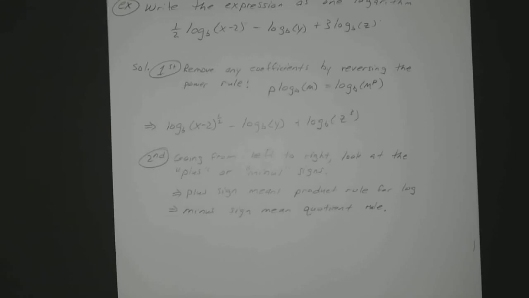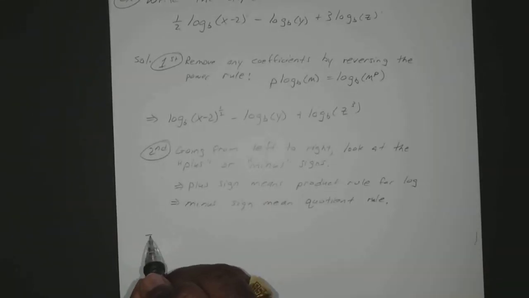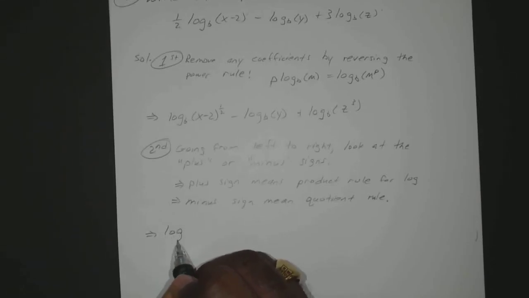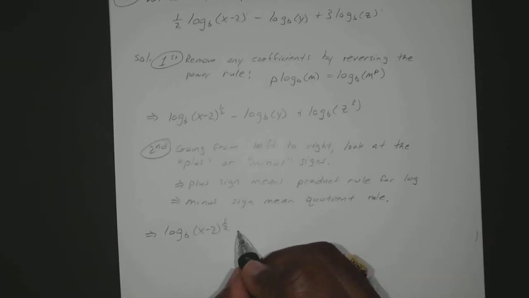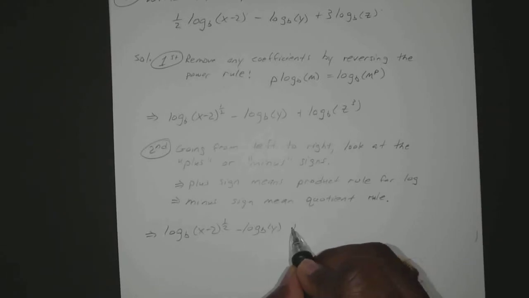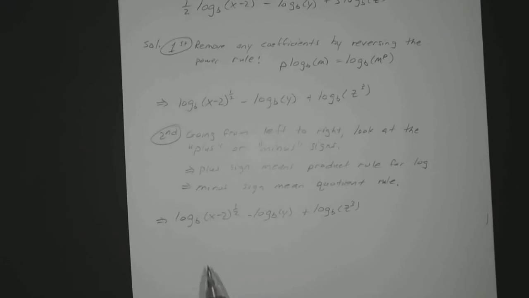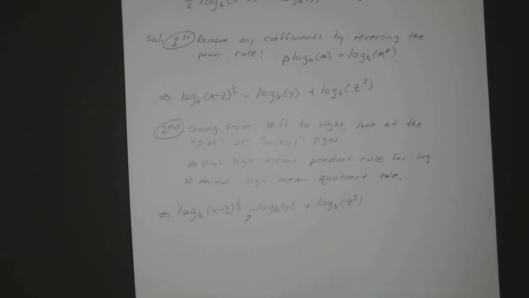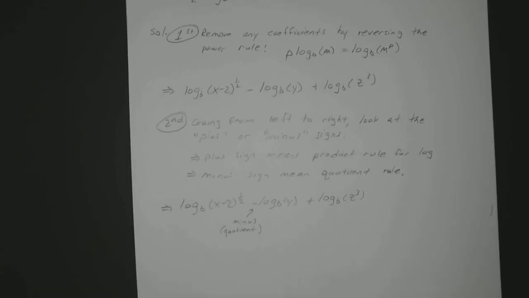All right, so we see here I'll just rewrite it underneath it. Log base b of x minus 2 to the 1/2 power minus log base b of y plus log base b of z to the third. Going left to right, we see we have a minus sign. So that means the quotient rule. Okay.